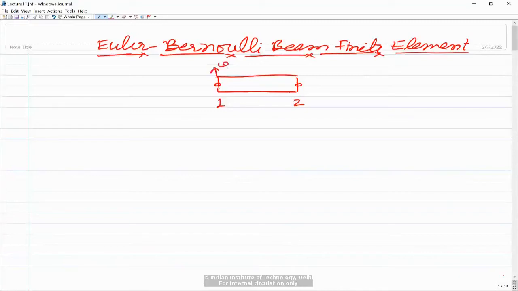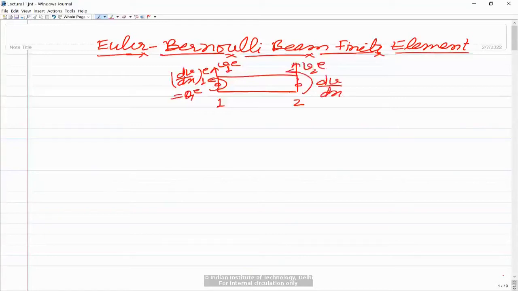So we had v1 at the first node and the rotation, dv by dx at node 1, denoted as theta 1 e. And similarly we had v2 e and dv by dX.